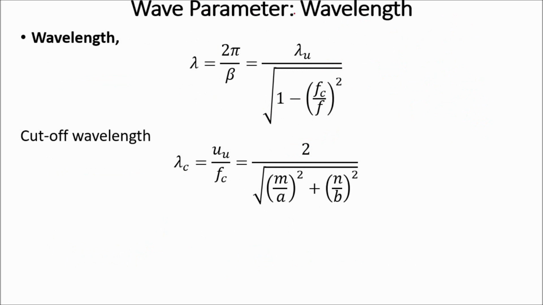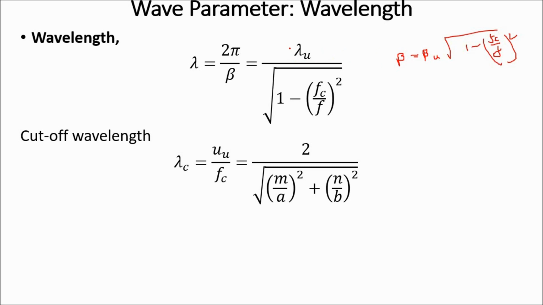So now the wave parameter, wavelength. We know the wavelength for an unbounded medium. So you can write, sorry, the wavelength for the waveguide is 2 pi over beta, and beta is beta u times square root of 1 minus (fc over f) squared.